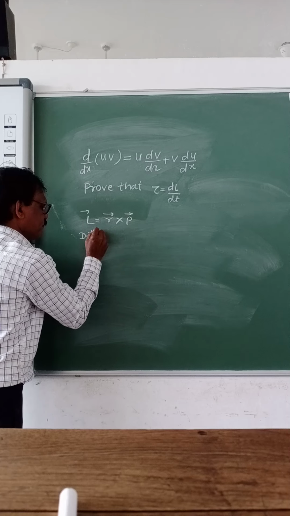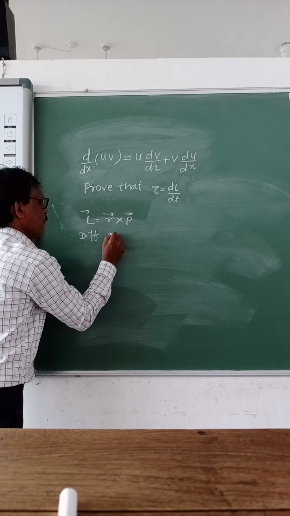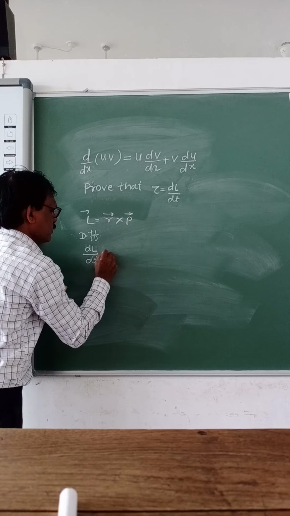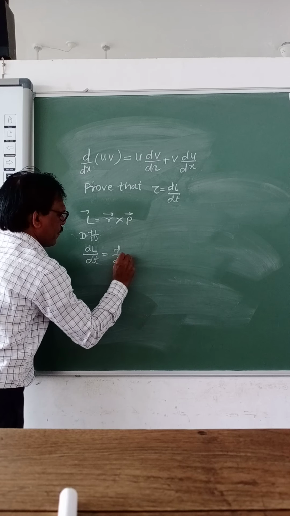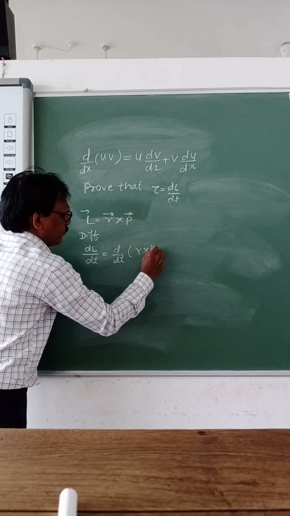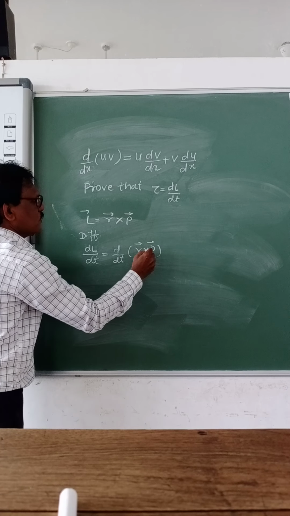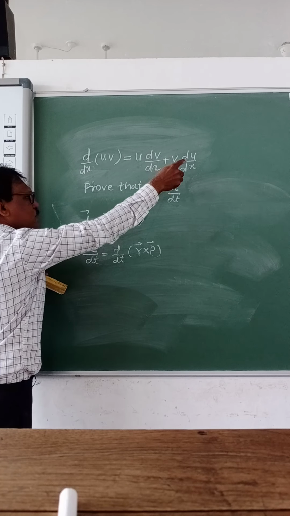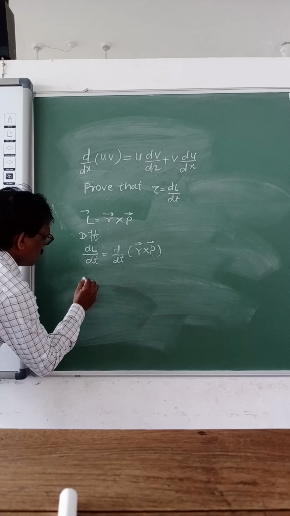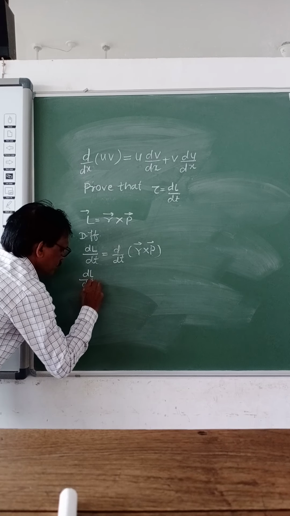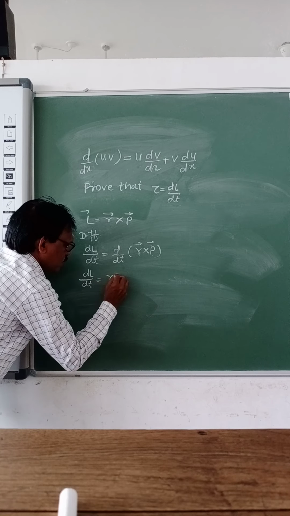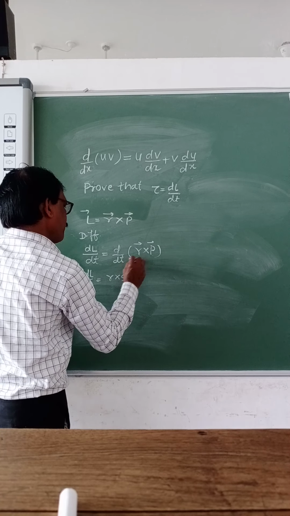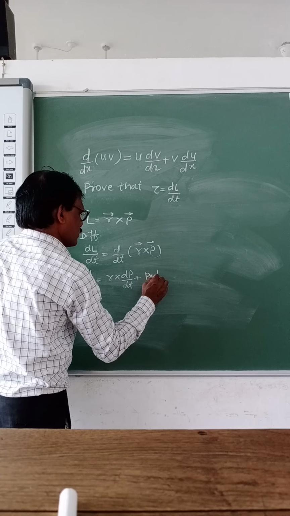Differentiate both sides. dL by dt is d by dt of R cross P. Here we have two functions, so we apply the product rule: first function into differentiation of second function, plus second function into differentiation of first function.